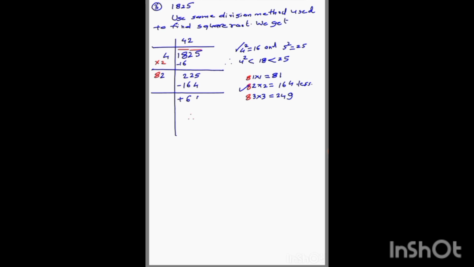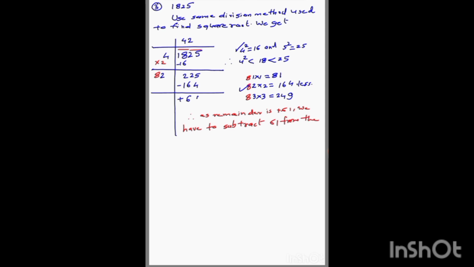Remember that it is a plus 61, the above number is bigger. So as the remainder gives plus 61, what does that mean? That means so many, that is 61, are to be subtracted from 1825. They are extra. To get a perfect square, 61 is extra in that.